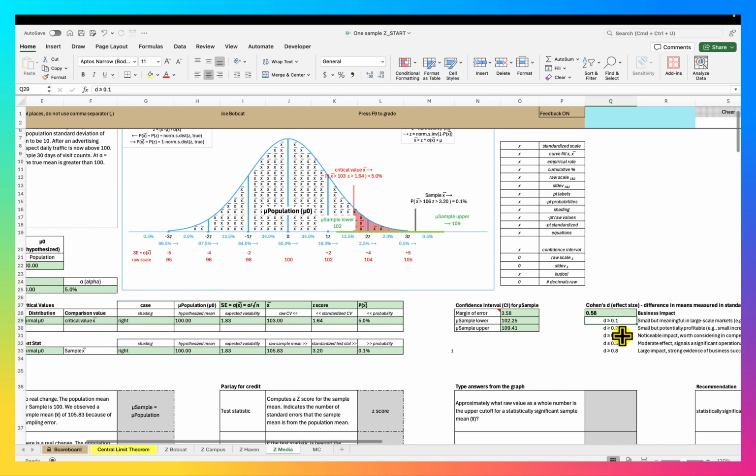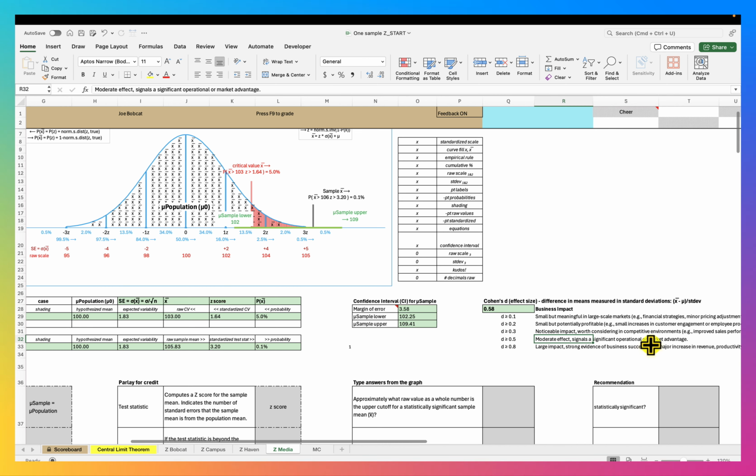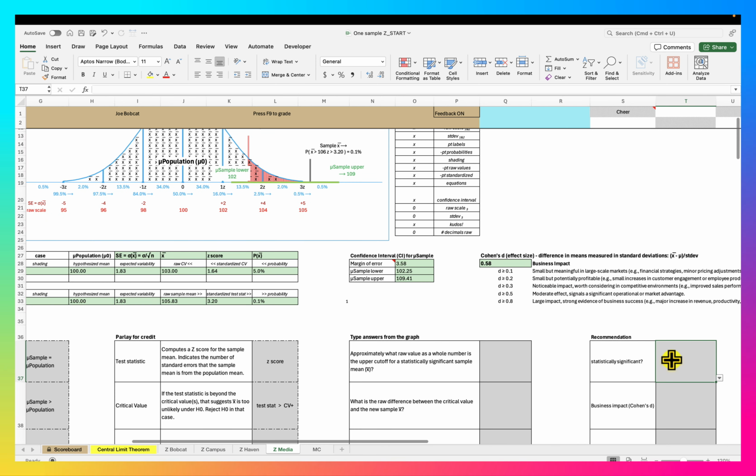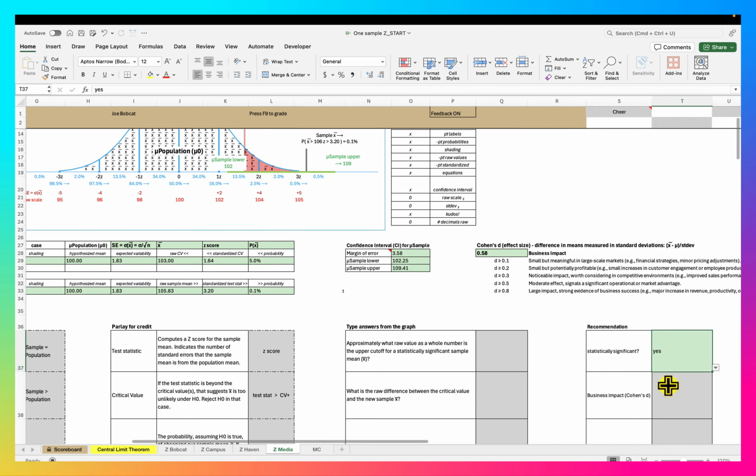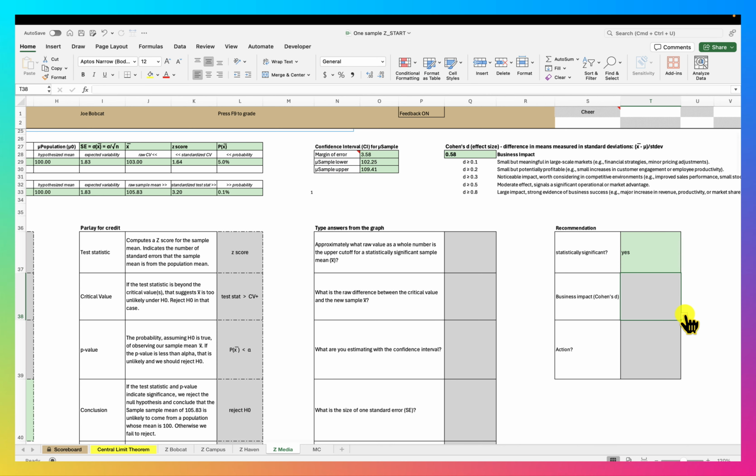That's a big number. So it's right here. It's a moderate effect. Signals a significant operational or market advantage. That's good news. So actually, we can answer this question already. Statistically significant, moderate effect, and the action would be take action, right?